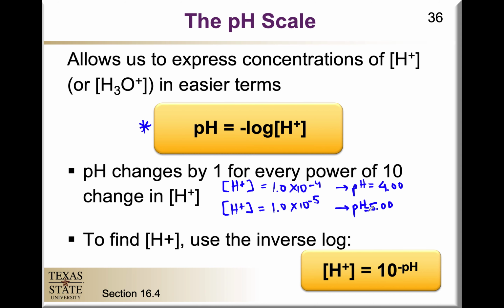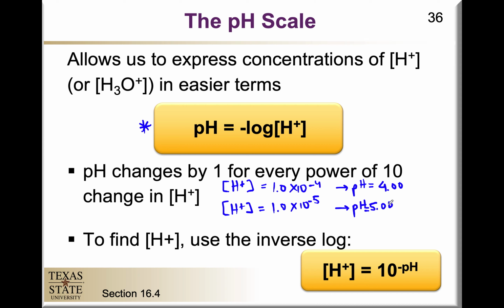So as you can see, we can use the pH as an easier way to talk about the level of acidity of a solution, as opposed to using concentrations that are typically numbers like 2.3 times 10 to the negative 7 or something like that. Instead, I can use something that is going to make it easier for me to just look at the number and determine the level of acidity of the solution.